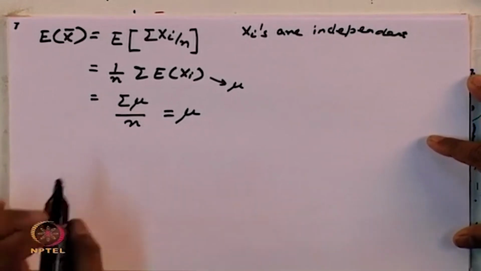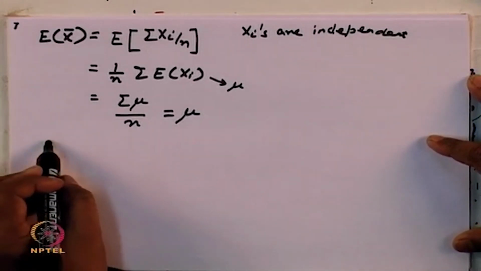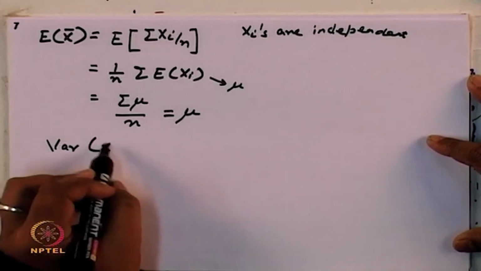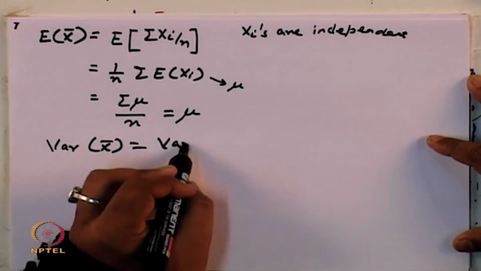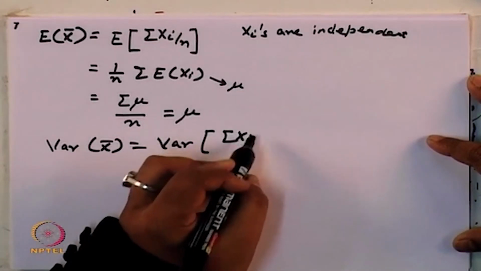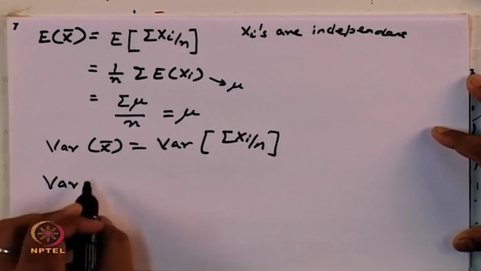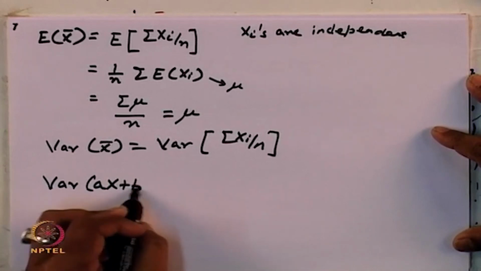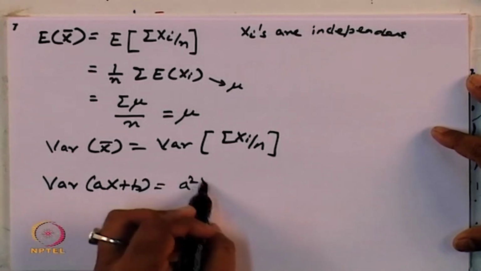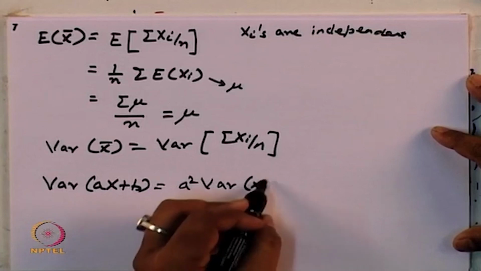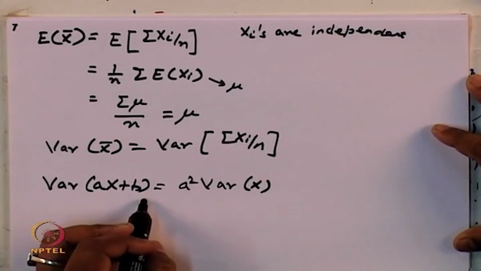And what about the variance of x bar? The variance of x bar is the variance of summation xi by n. You remember the expression we derived, variance of a x plus b is a square variance of x, and b does not come into the picture.